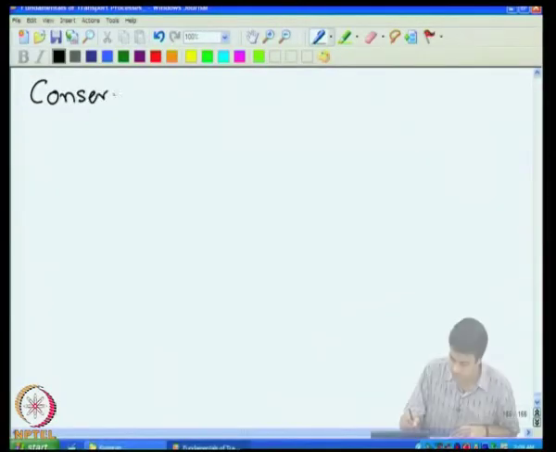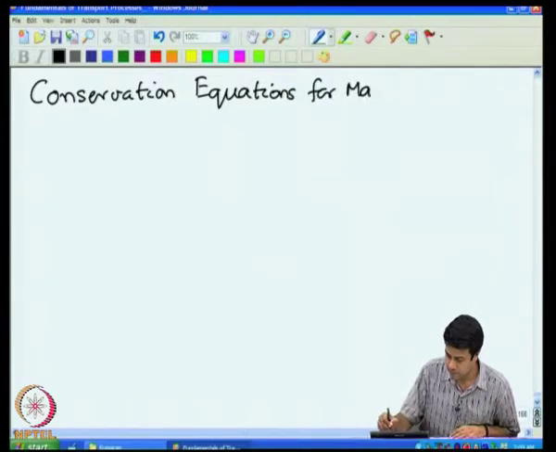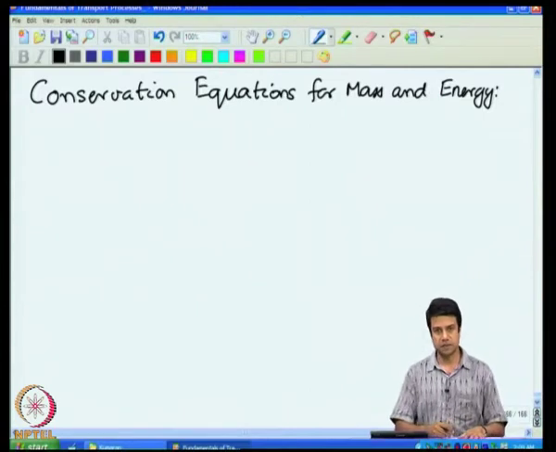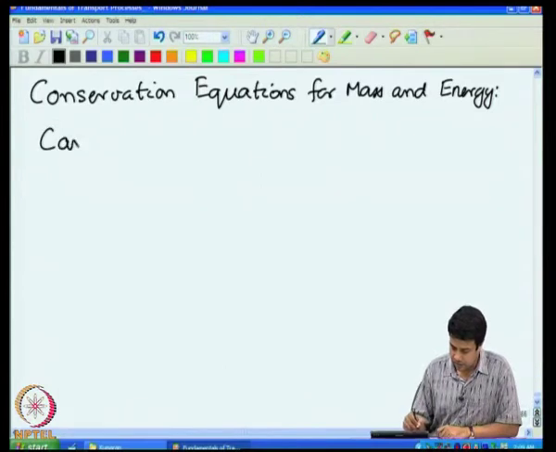So, we will defer discussion of this to later on, and right now we will just look at conservation equations for mass and energy, and first we will consider a Cartesian coordinate system.